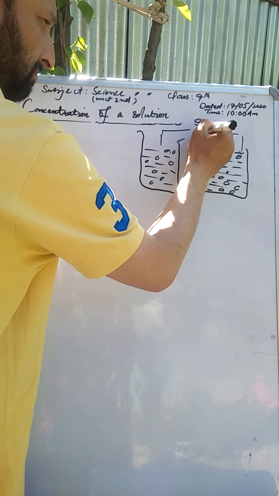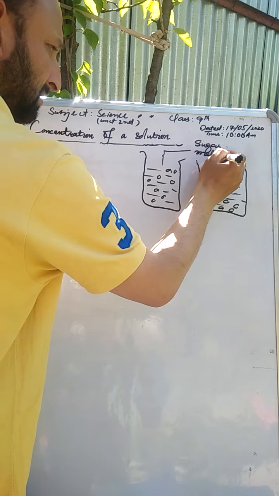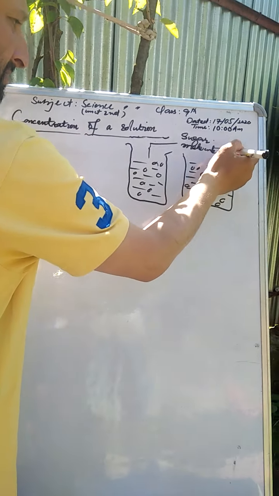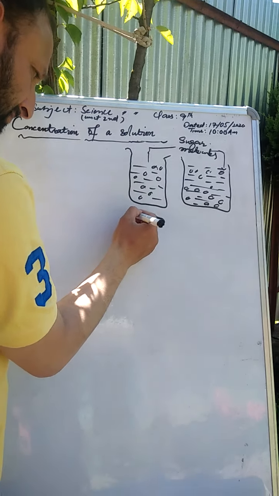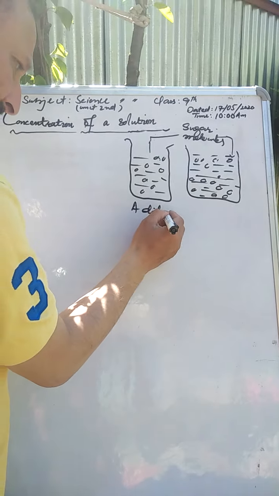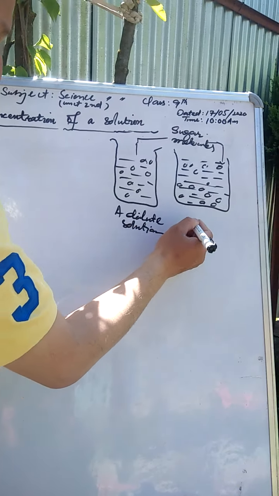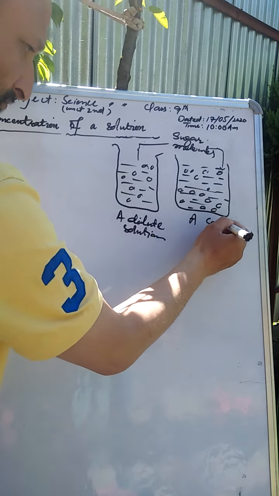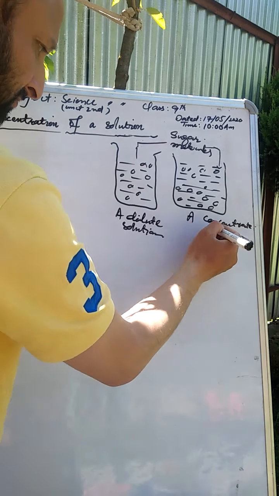In beaker A, a small amount of solute is dissolved, while in beaker B, a large amount of solute is dissolved. So in beaker A, it is a low concentrated solution, and in beaker B, it is a highly concentrated solution.